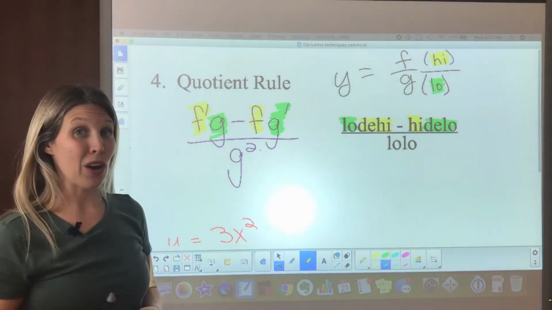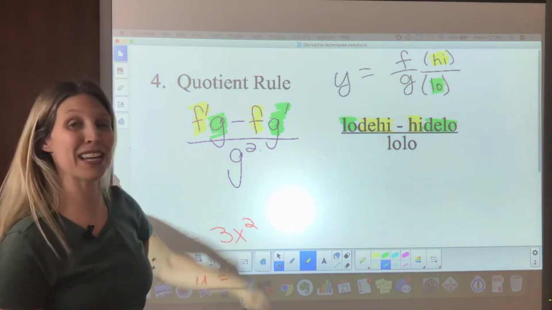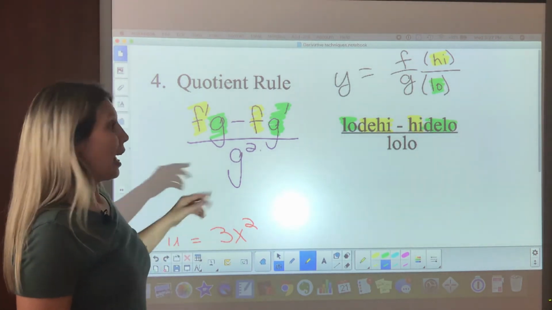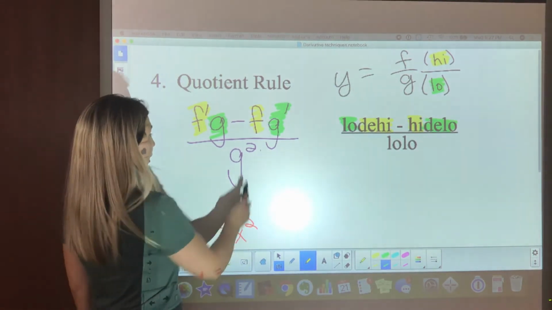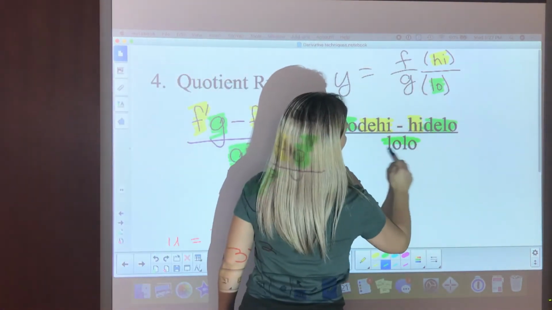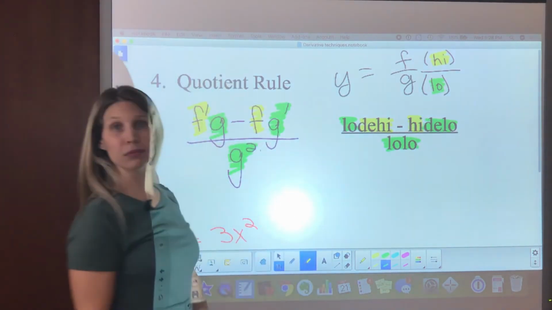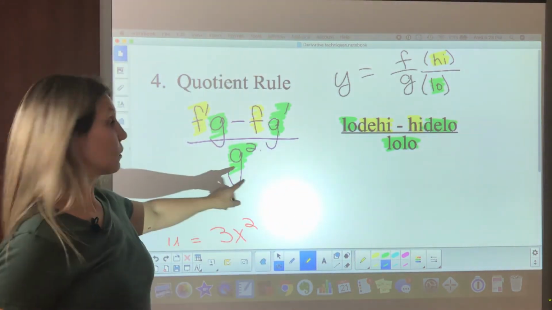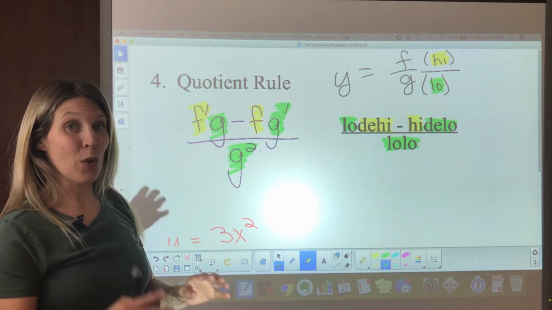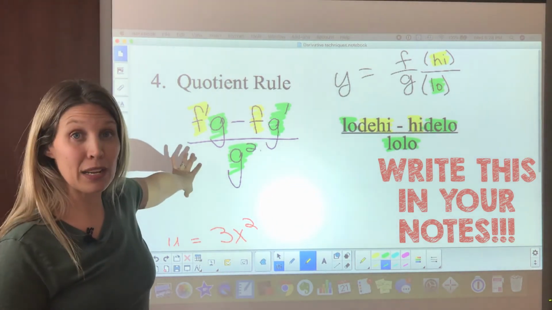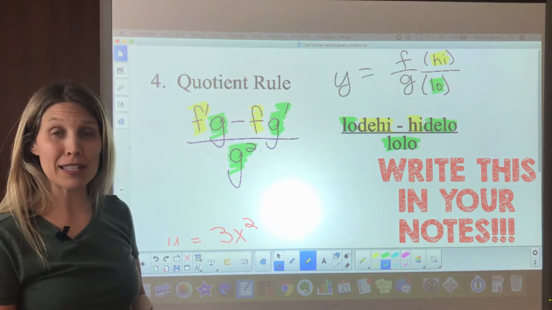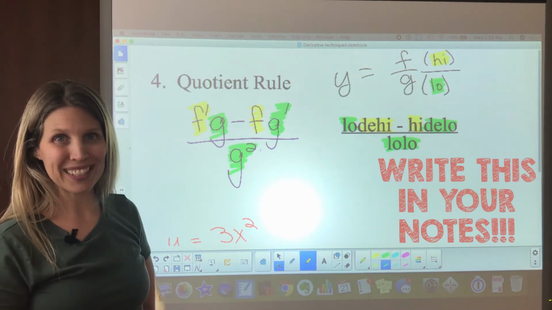So do we all see how low d high minus high d low all fits together? And look then at the bottom. At the bottom, they want g squared. That's how you get low low. Low times low is low squared, g squared. Are we following? So I would recommend that you write down the rule. I would also recommend that you write down low d high minus high d low all over low low.